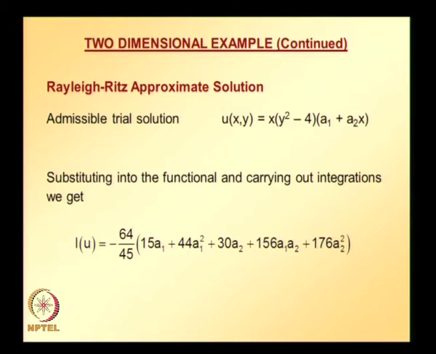Applying that condition of stationarity, we get two equations in terms of a1 and a2. We can solve these two equations for a1 and a2, and finally substitute them back into the admissible trial solution to get the approximate solution using the Rayleigh-Ridge method.